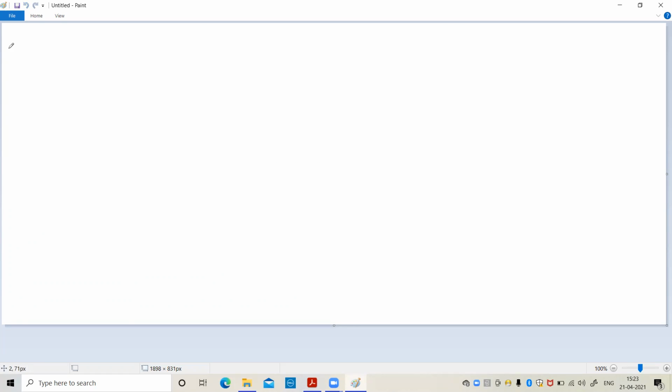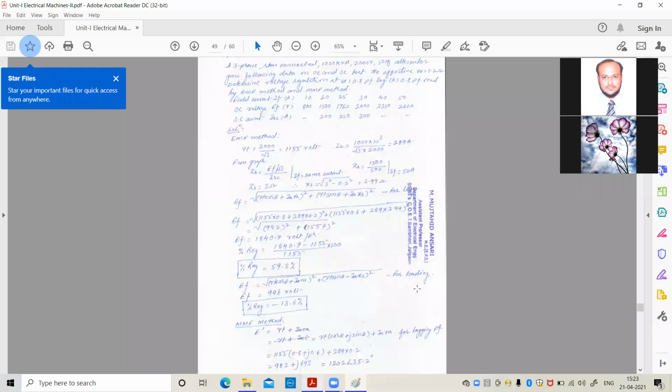Now next is the MMF method. So what is the first step? The first step is to draw the OCC and SCC on the graph paper, which we have considered over here.